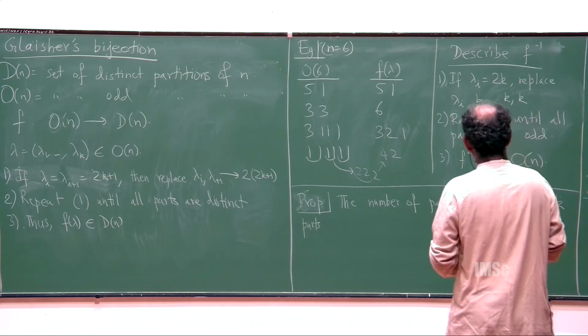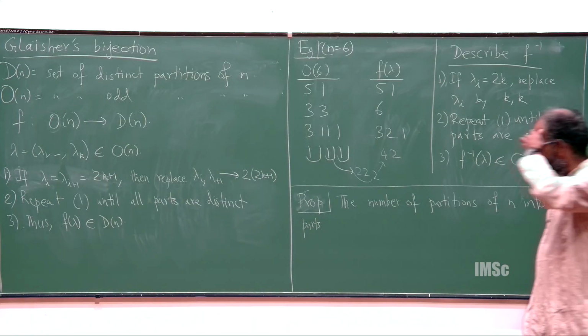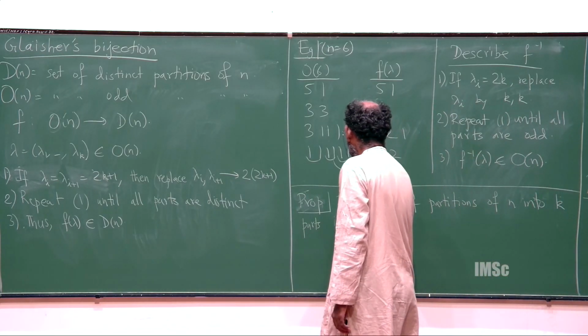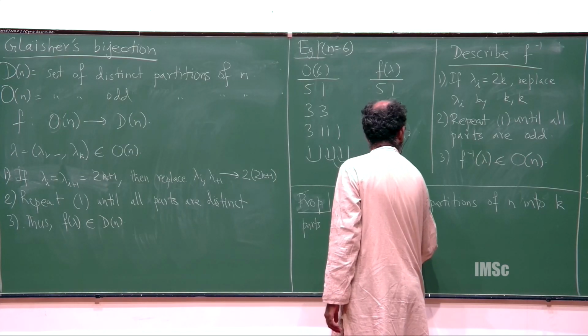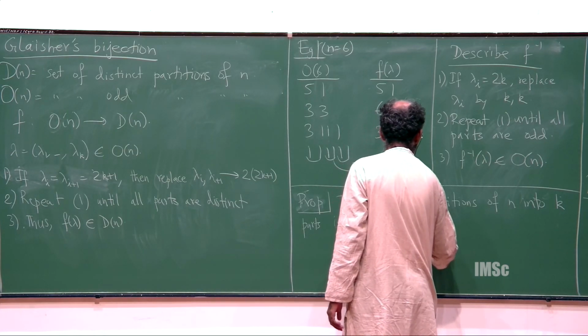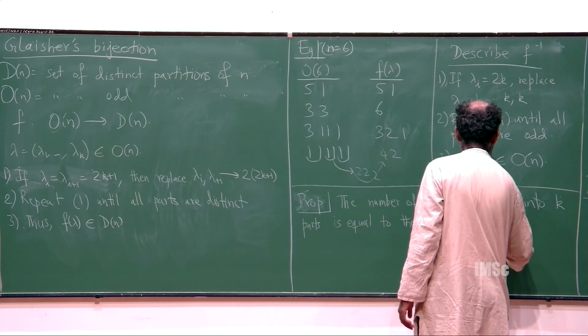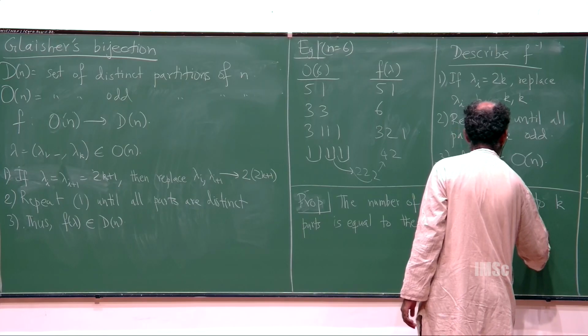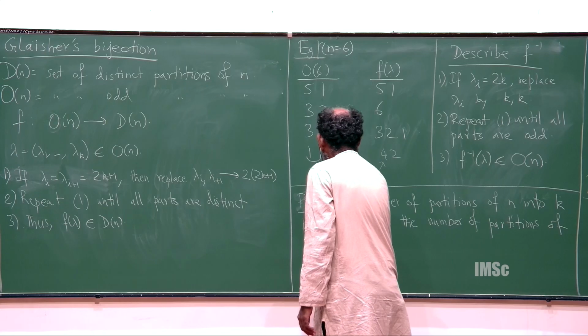So I just demand that there are k parts, k is some fixed number, is equal to the number of partitions of n with largest part k.